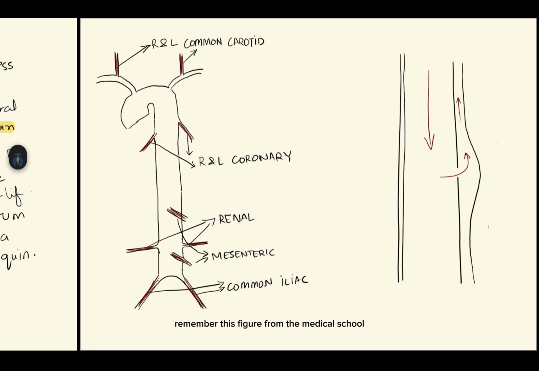Remember this figure from medical school where we understood the different branches of the aorta? So imagine that the false lumen or the displaced intimal flap covers one of the branch origins. Flow to that territory reduces and drops, leading to ischemia.